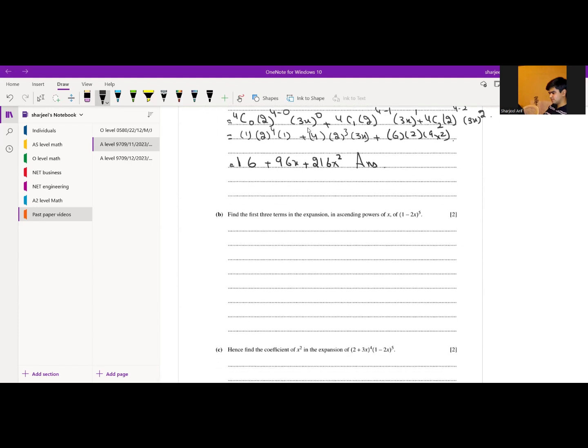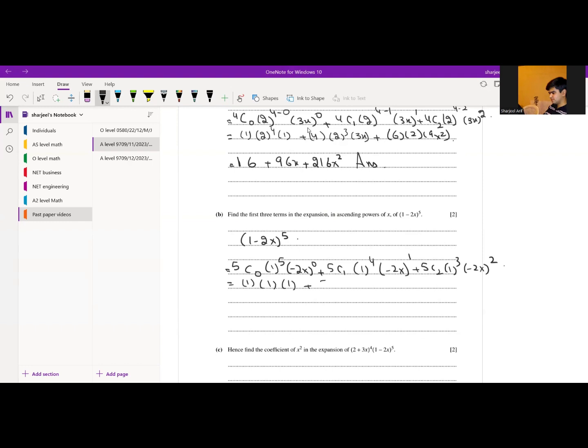For part B, find the first three terms in the expansion of (1 minus 2x) power 5. Similarly, you will use 5c0, 1 power 5 minus 2x power 0, 5c1, 1 power 4 minus 2x power 1, and 5c2, 1 power 3 and minus 2x power 2. So simplify it to get 1 into 1 into 1.